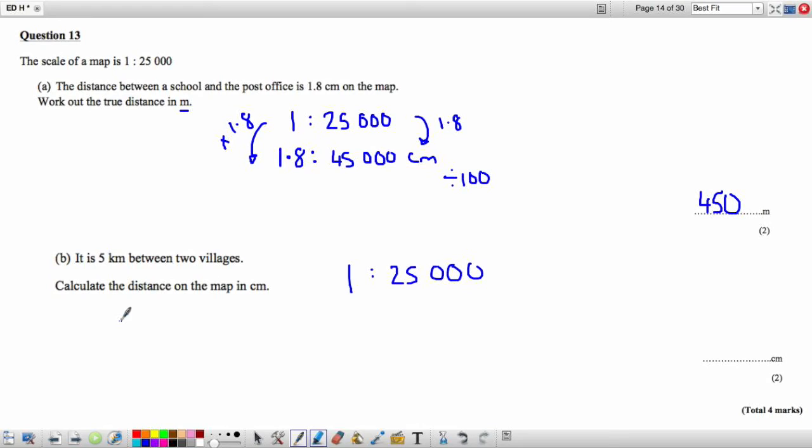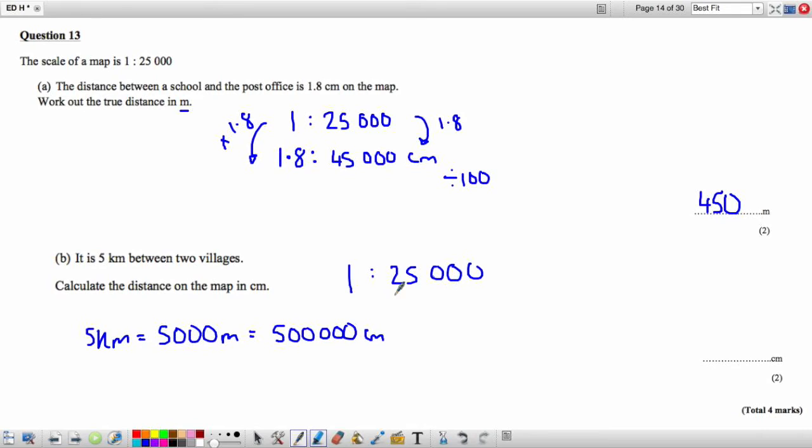So first off, let's convert here our 5 kilometres into centimetres. So first changing to metres by multiplying by 1,000, and then to centimetres by multiplying by 100. Centimetres.